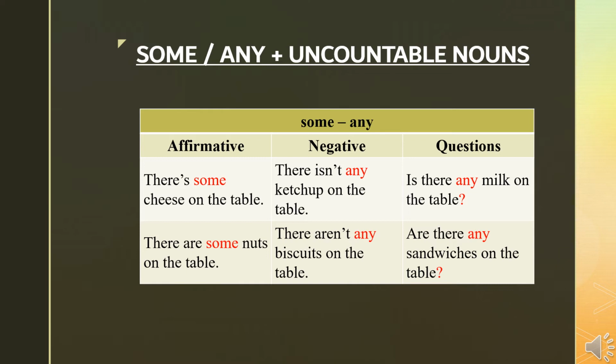For your information, we also use any in the question form. For example, is there any milk on the table? From these 3 examples, we can see that cheese, ketchup, and milk are uncountable nouns.